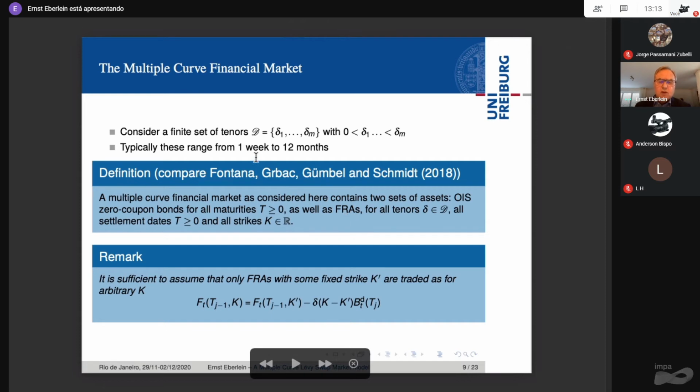This is 1 week, 1 month, 3 months, 6 months, etc., up to 1 year typically. Now let me say immediately that we do not have to consider all strikes. It's sufficient to consider some fixed strike K prime because the value of the forward rate agreement for any other strike K is related to that fixed strike K prime via a simple formula.